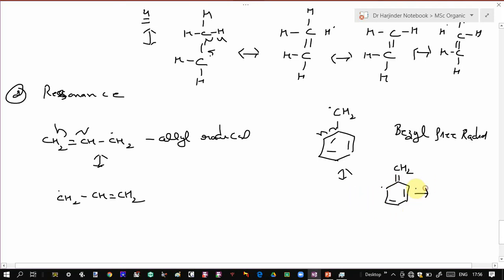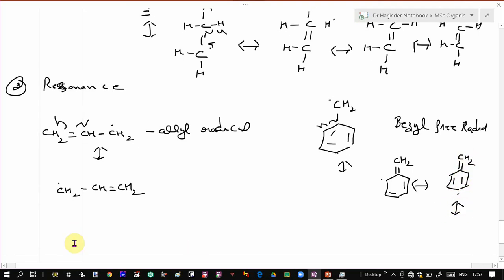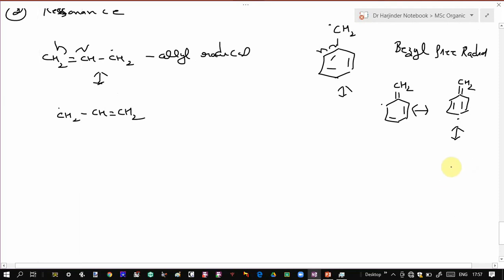So you can write the other structures like this. Then this will shift over here, this bond undergoes a homolytic bond cleavage, so you get a double bond over here, the single electron will come over here, and finally this bond undergoes a homolytic bond cleavage.